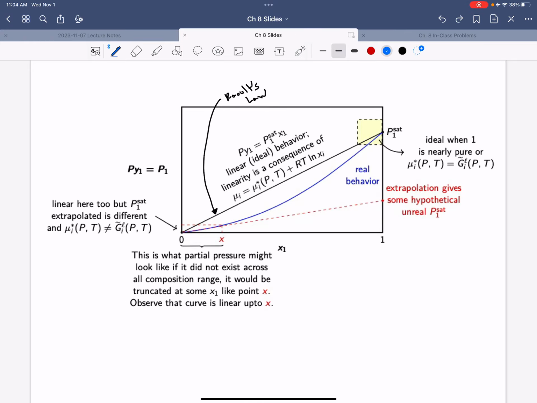So I'll just say this is going to be the Henry's law constant. Okay? All right, and so, once again, the Henry's law constant is just the extrapolated hypothetical saturation pressure. It's not equal to the true saturation pressure there.